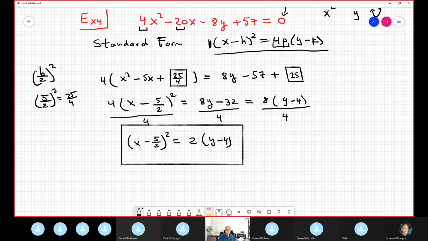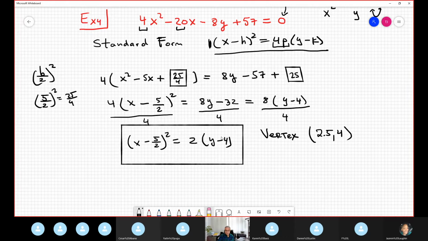After the manipulation of completing the square, I can see clearly, for example, that the vertex of this parabola is located at the point 5 over 2, 4. Or in decimals, if you prefer to see it more clearly, it's 2.5, no? 5 over 2.